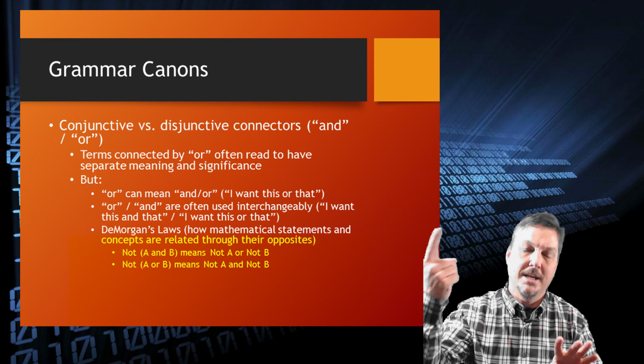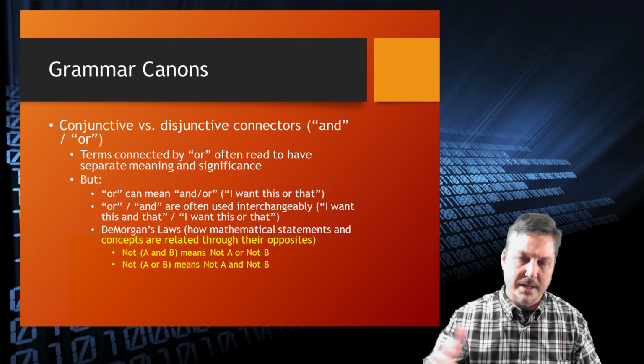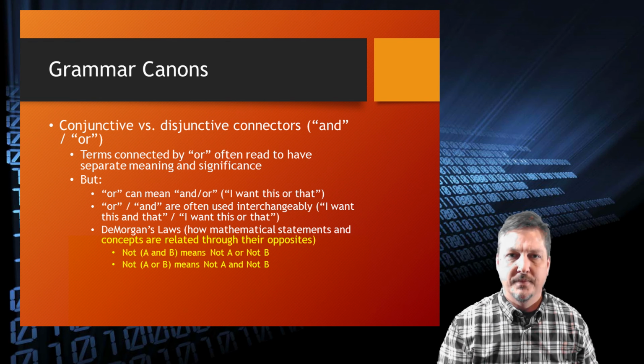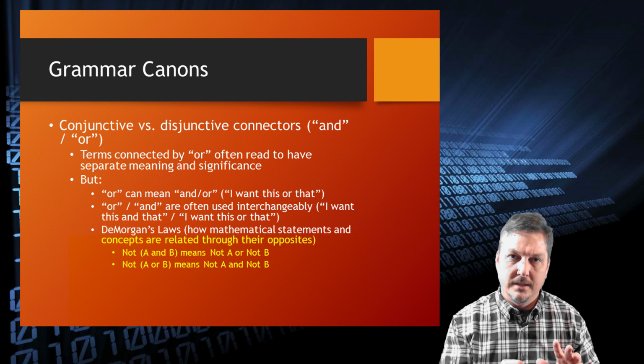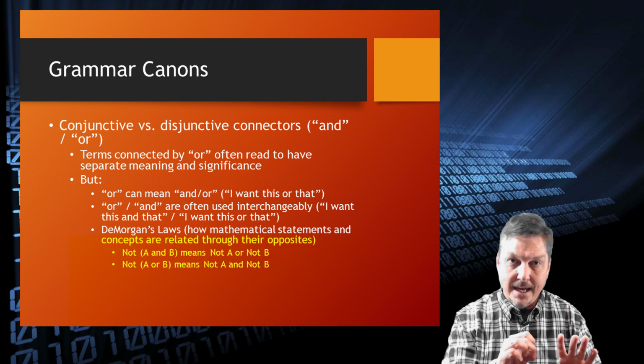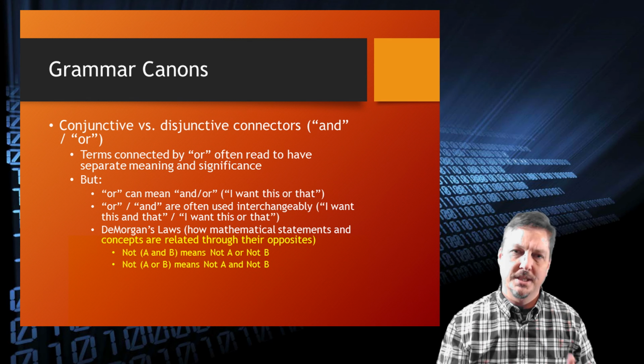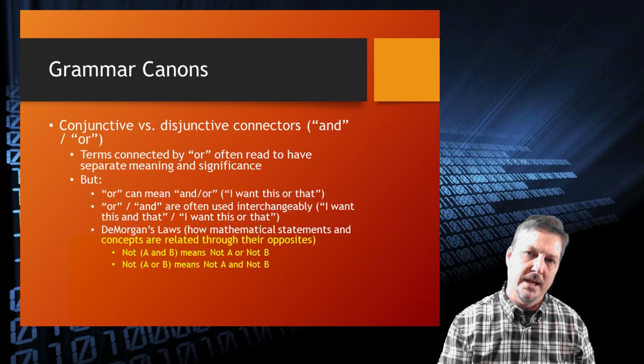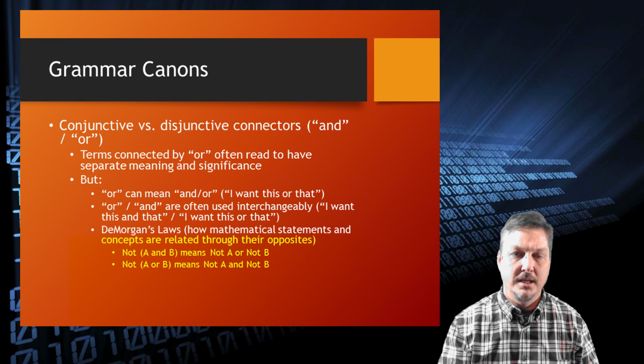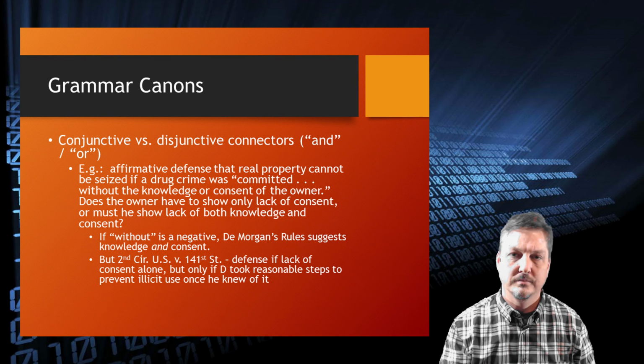See how this is a variation on the sort of apples, pears, and cheese thing that I mentioned before. "Not A or B" means "not A and not B." So if you think about it for a moment logically, you can see why that applies in the way it does. And so you have to be careful if you see a statute that might be written in a form like this.